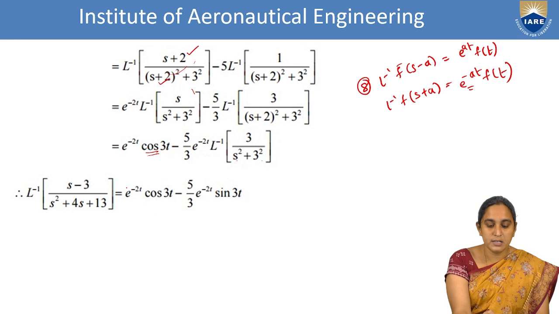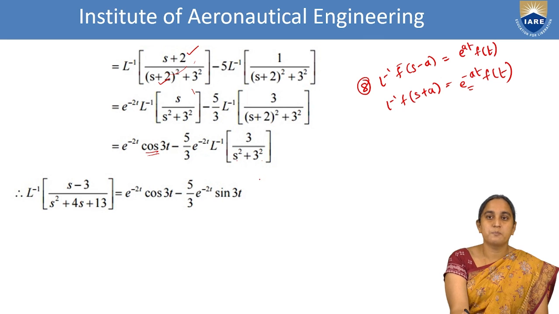Therefore the final answer is e power minus 2t into cos 3t minus 5 by 3 into e power minus 2t Laplace inverse of 3 by s square plus 3 square. What is the formula of that? It is in the form of Laplace inverse of a by s square plus a square, that is sin at.